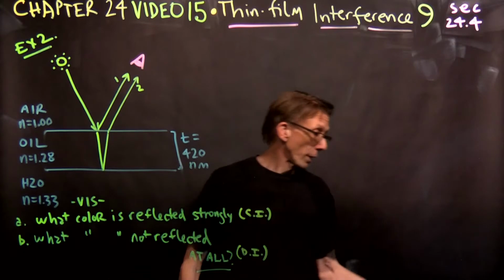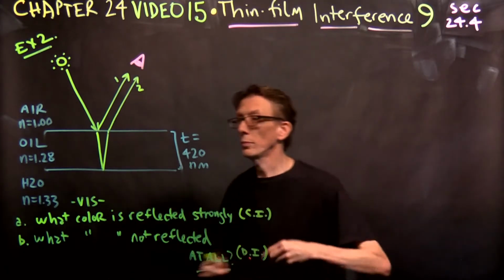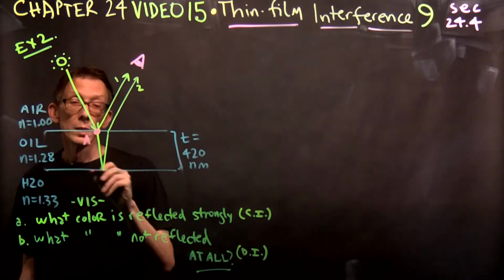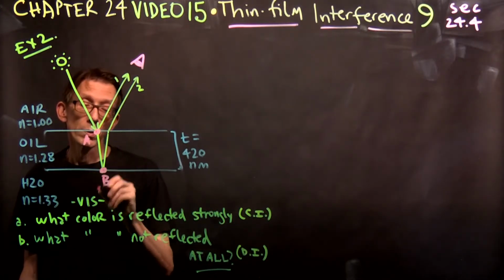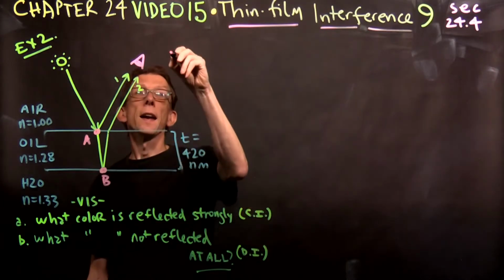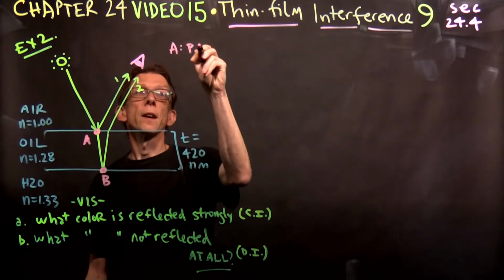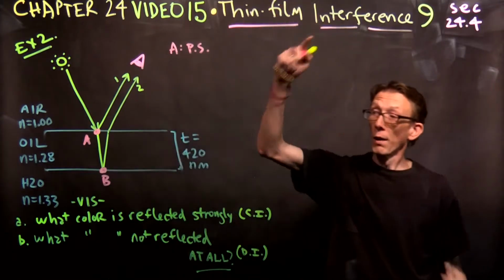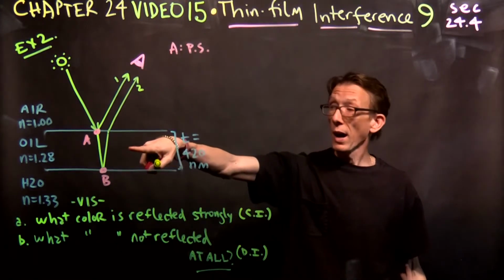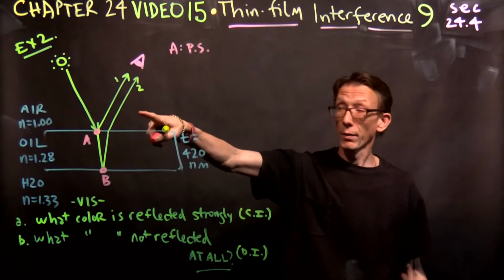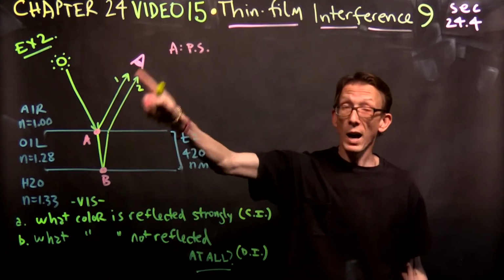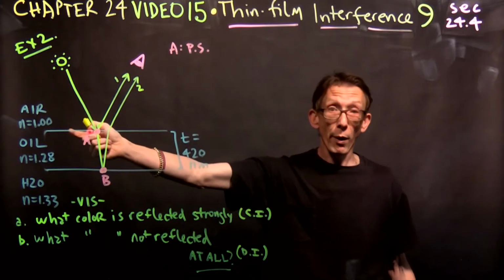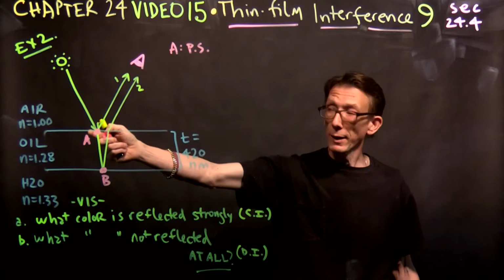So here we have, again, our 2 points. First point of reflection A, second point of reflection B. At A, there is a phase shift, because you're reflecting off of a material with a higher index than the material you're in, right? You're going low to high, reflecting off a high index of refraction. So, right, 1.28 is bigger than 1.00 in my universe anyway.